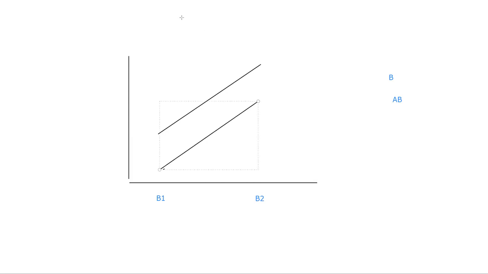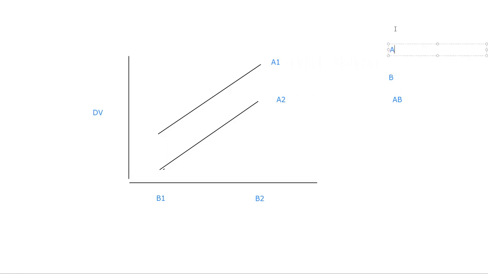Get those about the same spot. So we'll call this A1. Wow, I'm always one letter off. And again, our y-axis is our DV. So what about this new pattern?